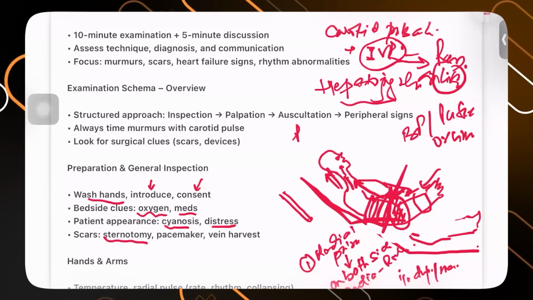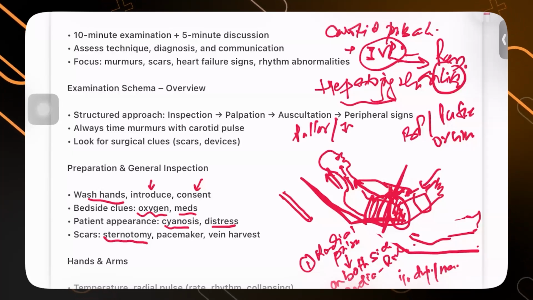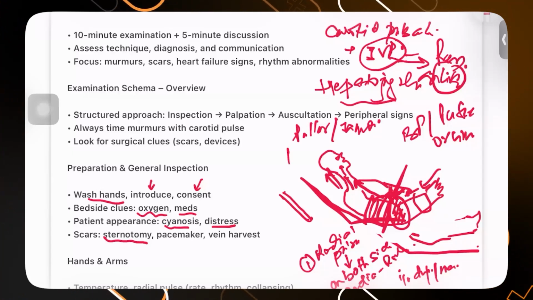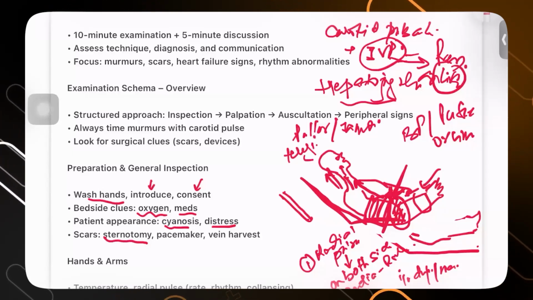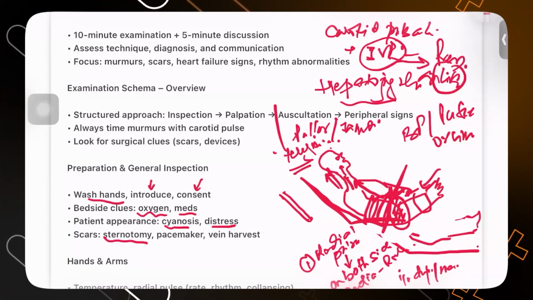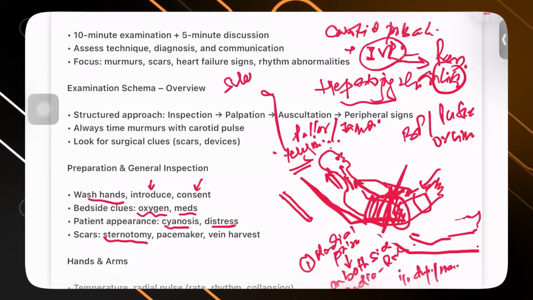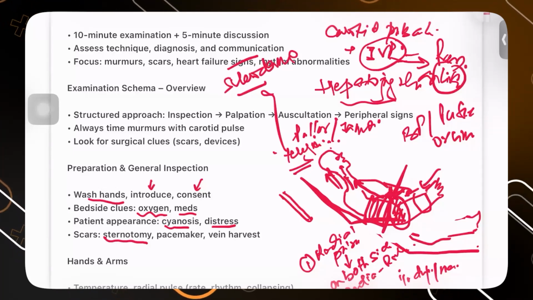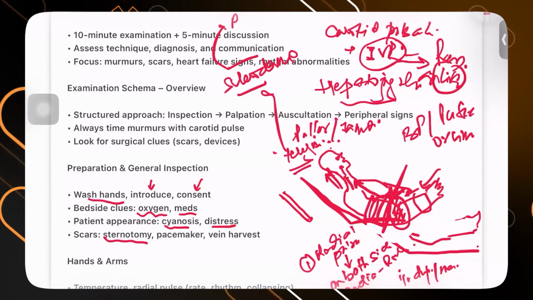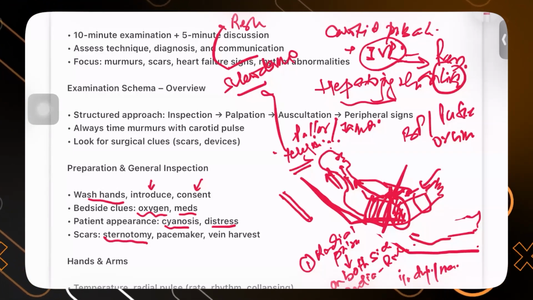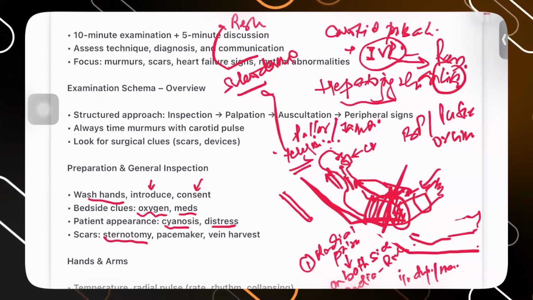You look for any pallor, any jaundice, any telangiectasia on the face. In which condition do you see telangiectasia on the face? Scleroderma. These patients can also be in the cardiovascular station because of resistant hypertension, as scleroderma can produce hypertension. And you see the oral cavity for central cyanosis.